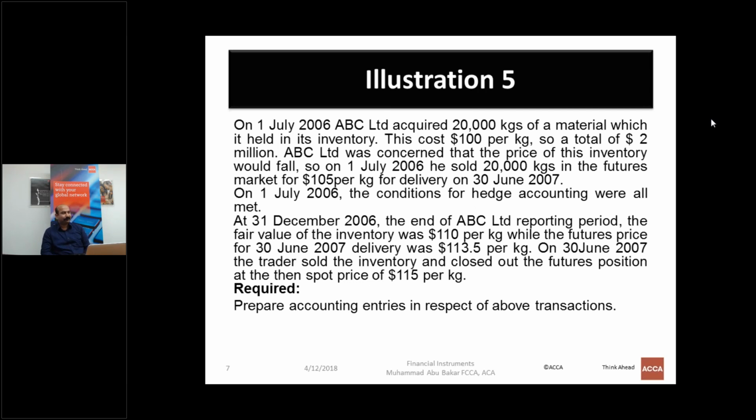Financial instruments. The old impairment model is based on incurred credit losses.